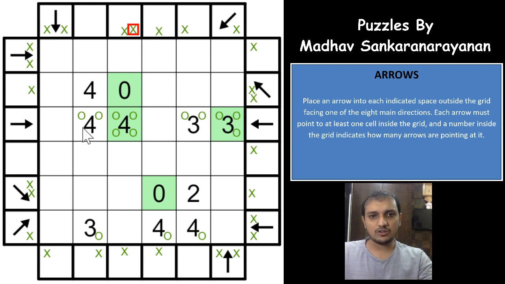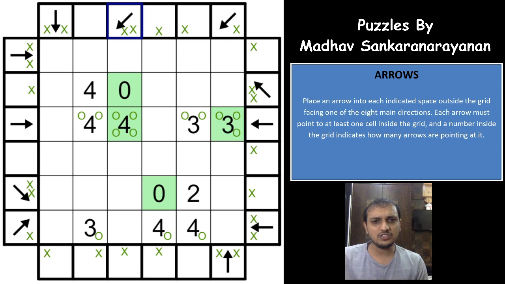Okay, so you have all the cells pointing the 3 already crossed out. 1, 2, 3, 4, 5, 6, 7 and 8, right? So which means that now you have a cross here, so you can have an arrow here this way that is not pointing any of the numbers. Now if you see here, again this 4 will give you the same logic that we applied in this 4. This 4 is also on the diagonal, right?